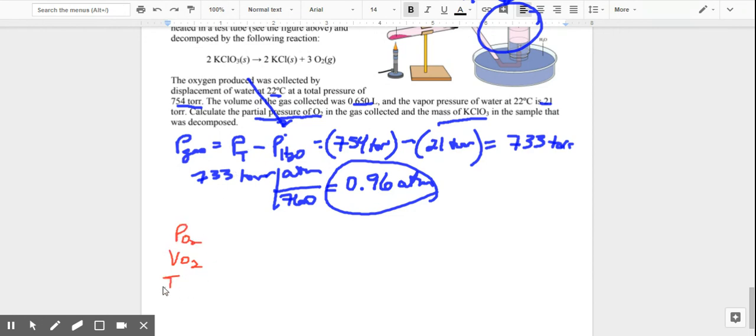So what I can do here, since I have all of this information, I can use PV equals nRT in order to solve for moles of O2. And if I know moles of O2 in this reaction, I can use a stoichiometric ratio to figure out moles of KClO3.